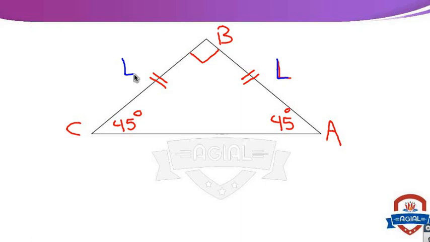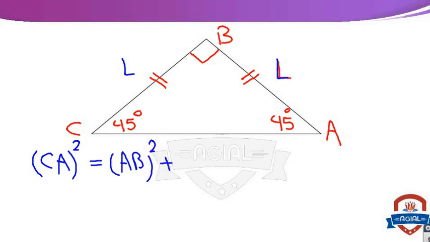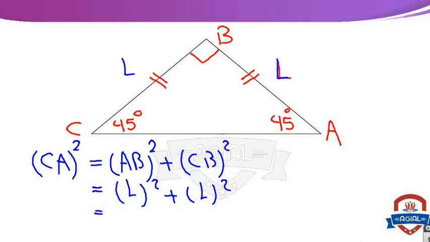By applying the Pythagorean theorem, find the length of CA. CA square equals AB square plus CB square, which equals L square plus L square, which equals 2L square.